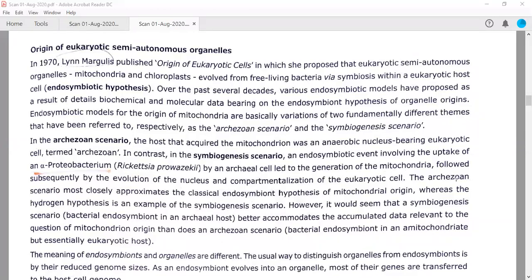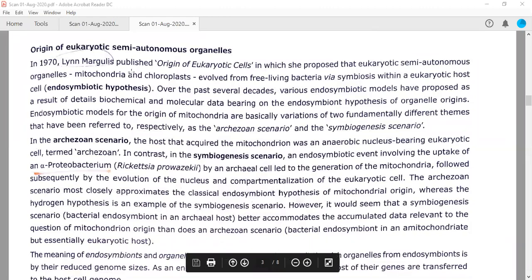The archaezoal scenario most closely approximates the classical endosymbiont hypothesis of mitochondrial origin, whereas the hydrogen hypothesis is an example of the symbiogenesis scenario. Now we will discuss the hydrogen hypothesis, because the first one, the Archaeozoan scenario, is a kind of classical model, but the symbiogenesis scenario is based upon this hydrogen hypothesis.